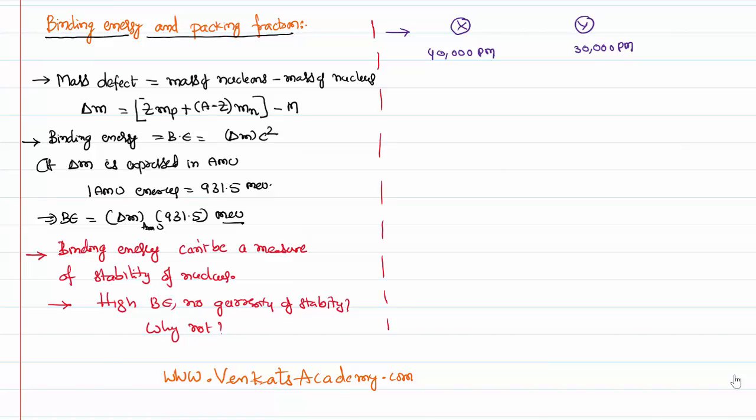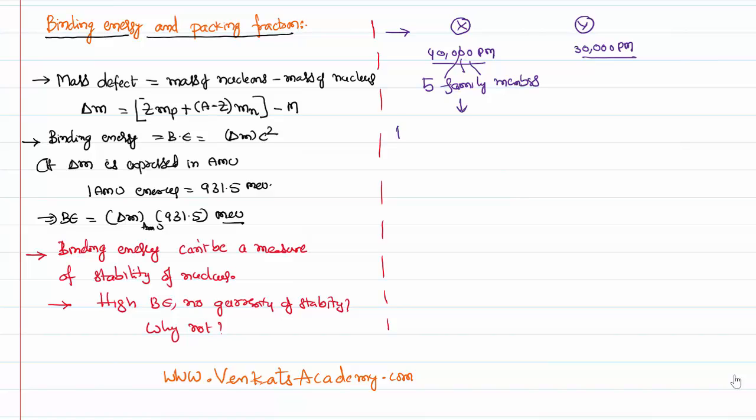Just by looking at this salary, we cannot say this fellow is financially more comfortable than this fellow. You have to ask, how many family members are there in his family? Say for example, there are 5 family members: he, his wife, 3 kids.